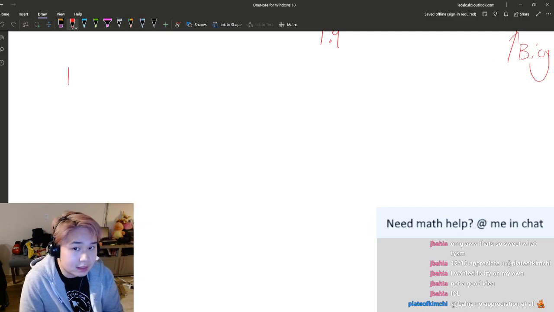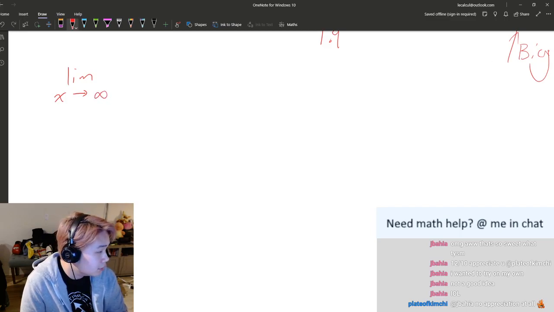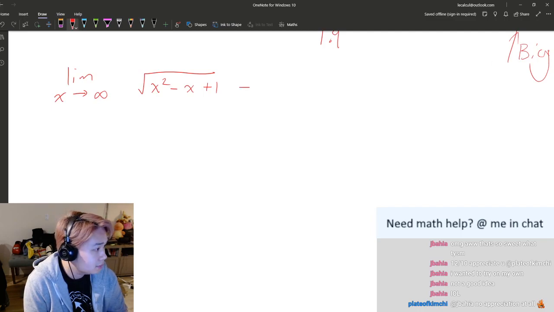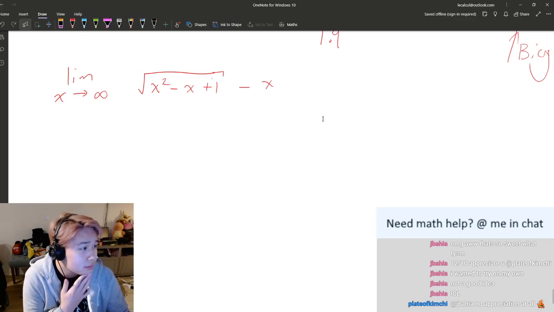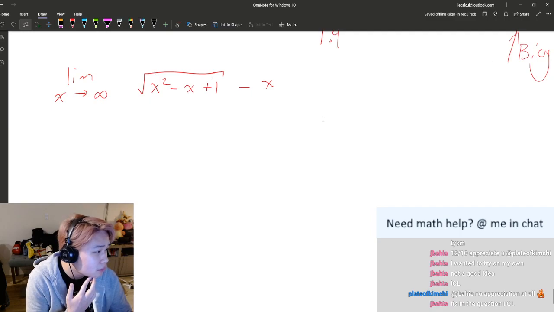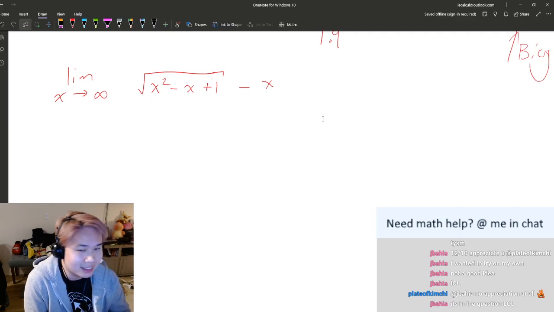Okay, where is this question? Determine the limit as x goes to infinity of the square root of x squared minus x. Why'd you put 1x? Okay, so determine this, right? It's in the question, it literally says 1x.